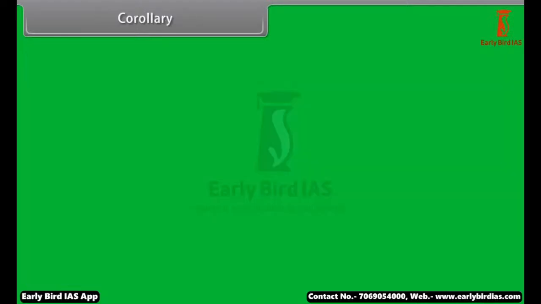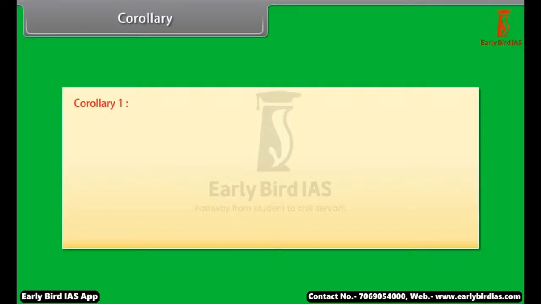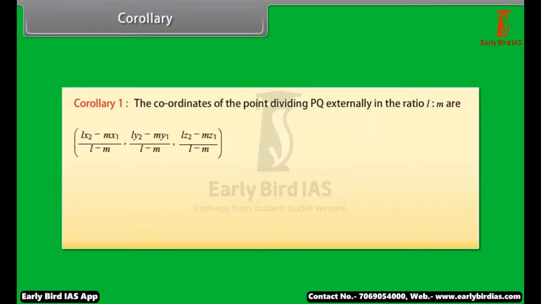Corollary 1. The coordinates of the point dividing PQ externally in the ratio l to m are (l x2 minus m x1) divided by (l minus m), (l y2 minus m y1) divided by (l minus m), (l z2 minus m z1) divided by (l minus m).